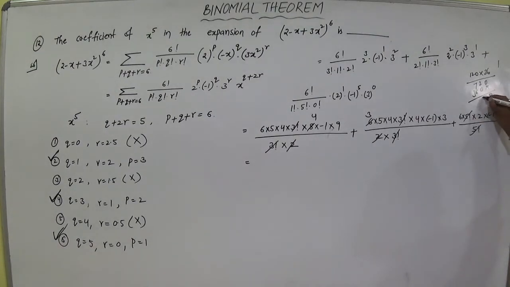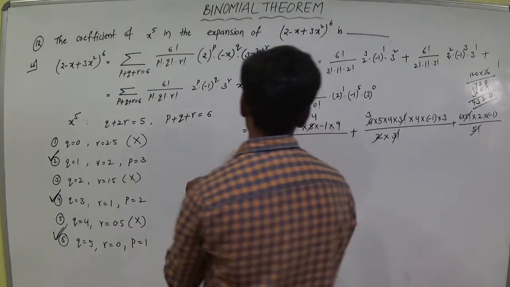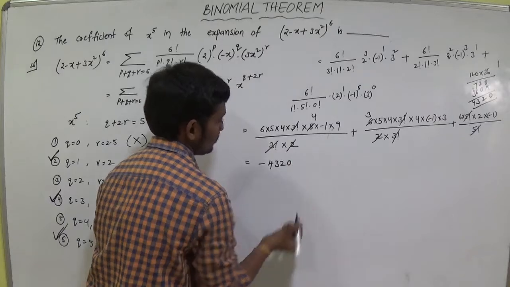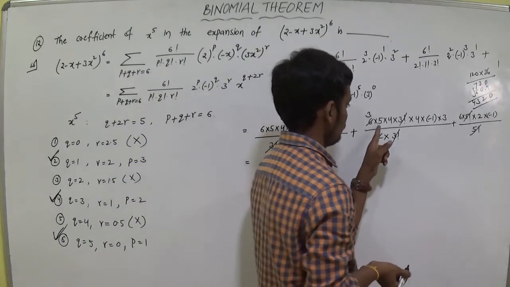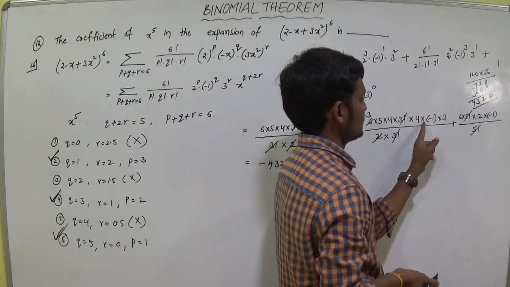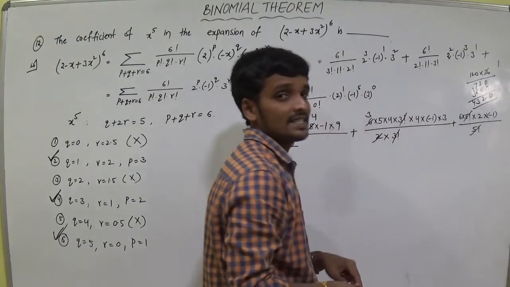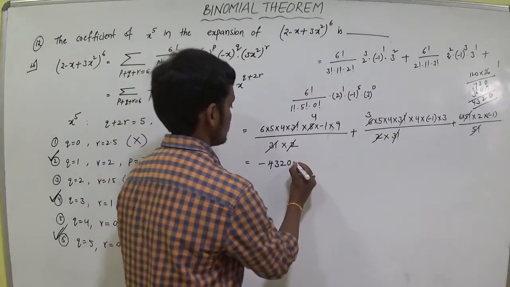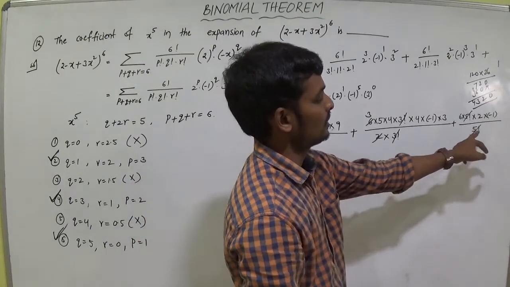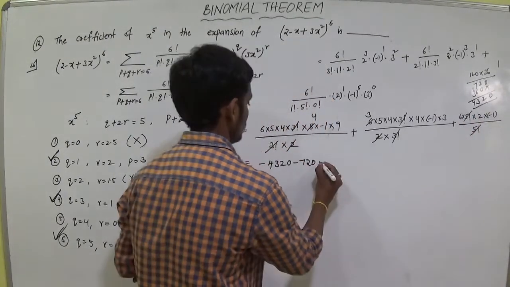So 0, 2, 3, 1, 4, 3, 2, 0. The value is negative, that is minus 4320. Now we can find this value. 5 4s are 20, 2 3s are 60, 60 into 12, 12 6s are 72. So that is minus 720. Last value, 6 2s are 12, so this is minus 12.